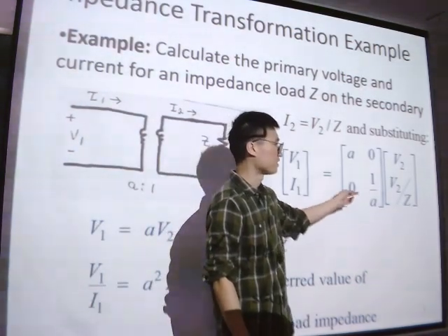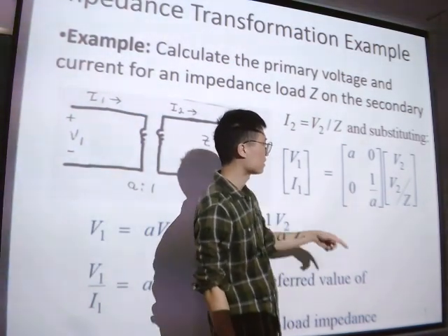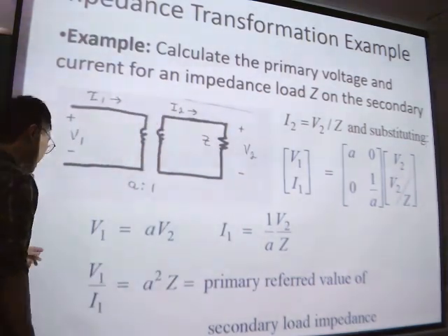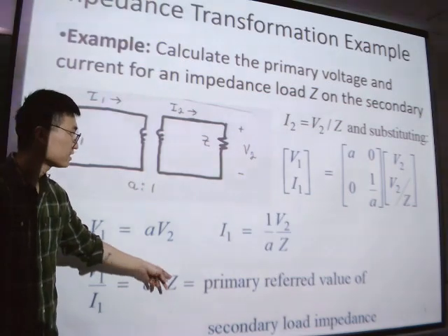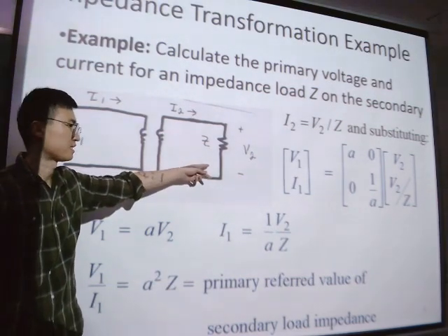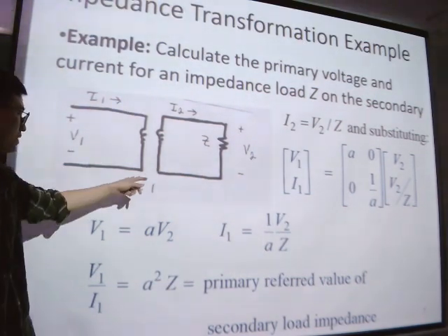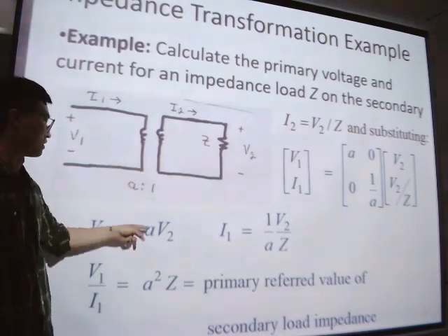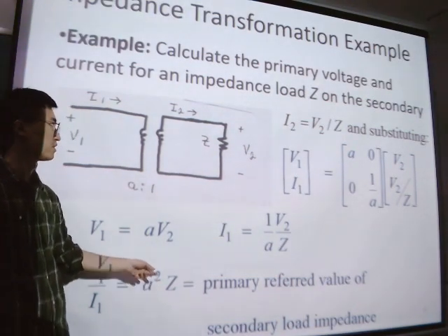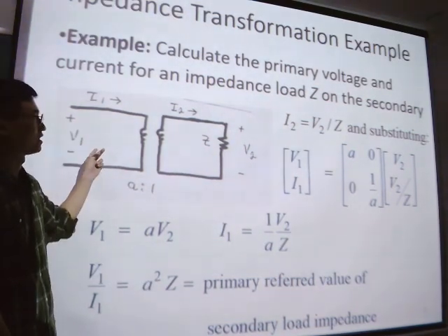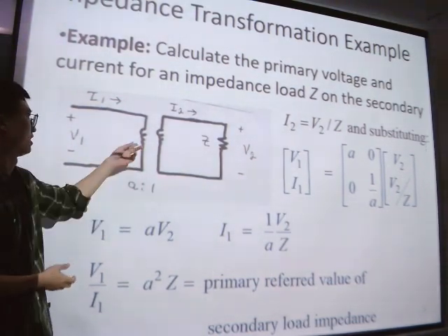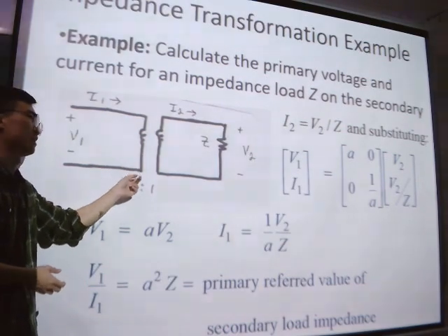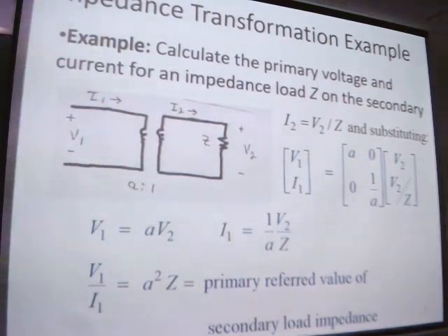Okay, so we can use this transfer matrix here, and we can get that the impedance in the secondary side should be mapped with a squared to get the equivalent impedance in the first side of the transformer.